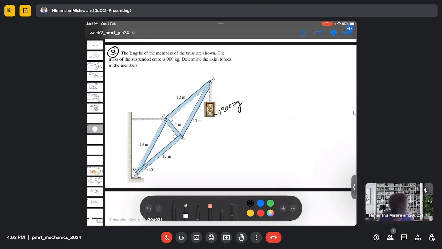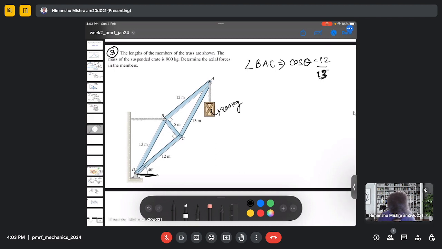So let's first determine the angles here. We have been given a 40 degree angle from the horizontal axis. We can find the angle BAC, which will be cos theta equals 12 by 13.